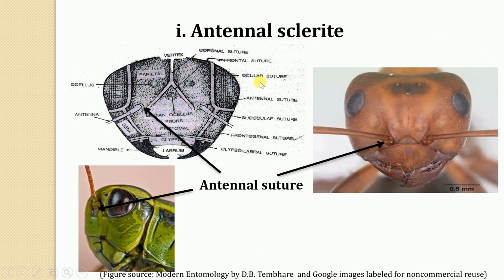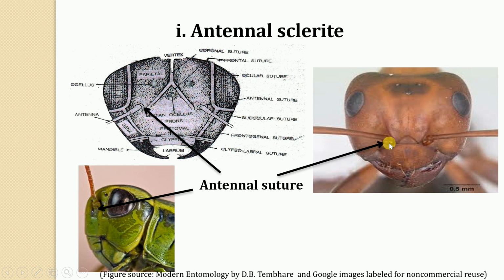And the last one is the antennal sclerite. The antennal sclerite forms an annulus. This annulus is located at the base of each antenna. Here in this diagram also you can see the antennal sclerite.